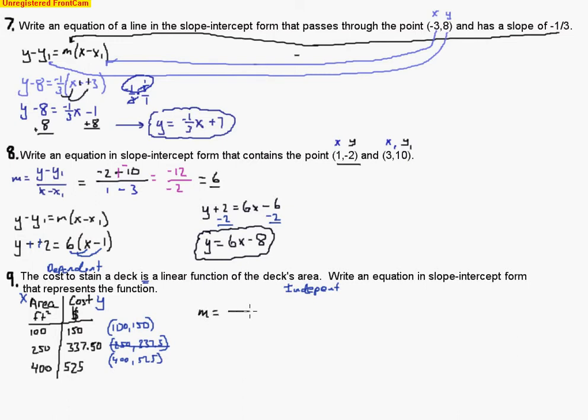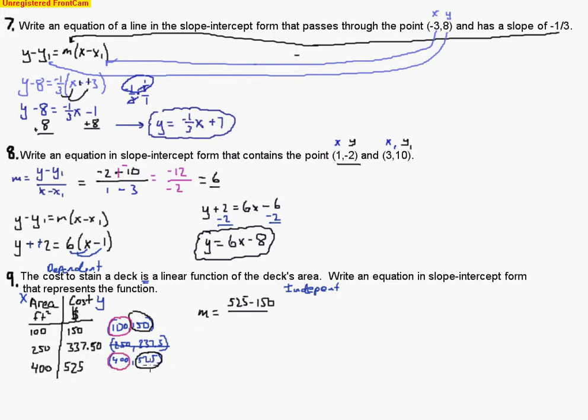So my slope is going to be the difference of the y values on top. So I'm going to take these two numbers, 150 and 525, and I'm going to put them on top. I'm going to even put the 525 first, minus 150. And then I'm going to take the x values. So my x values are the first number in the ordered pair. They're the 100 and the 400. And I'm going to write those on the bottom.